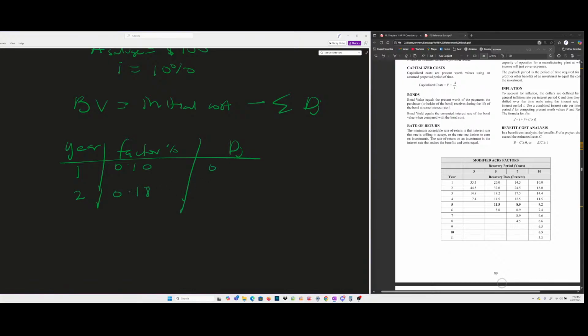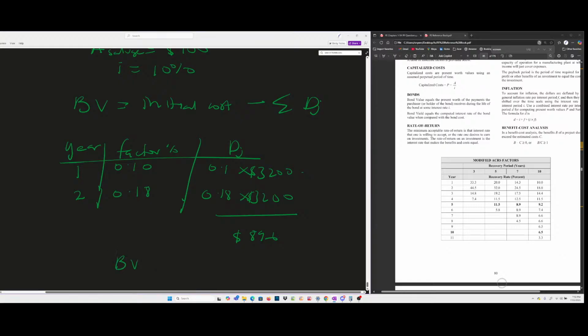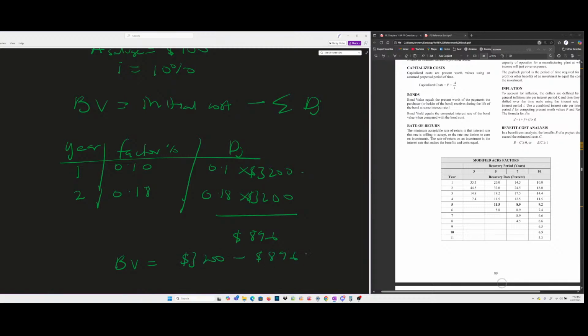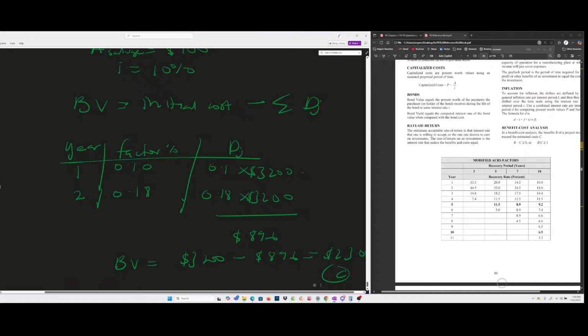So we're going to have 0.1 times 3,200 and 0.18 multiplied by 3,200. When we add them, we have 896. So our BV is equal to the initial 3,200 minus 896, which gives us 2304, which is C. So that's how we solve for that.